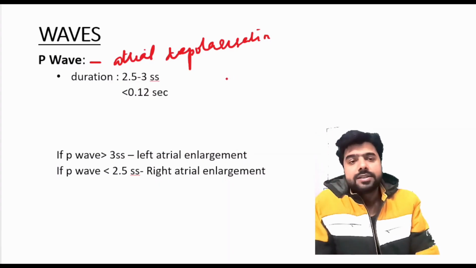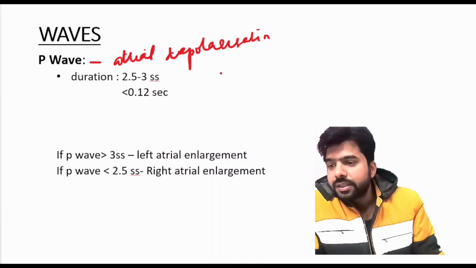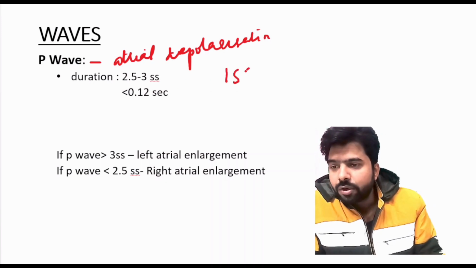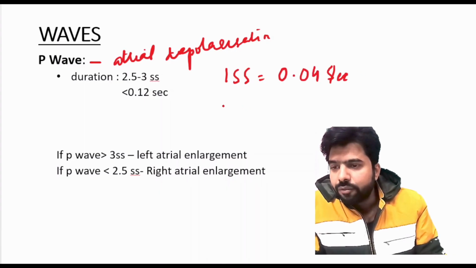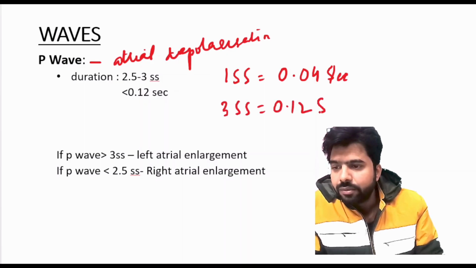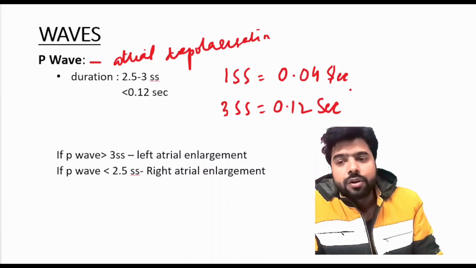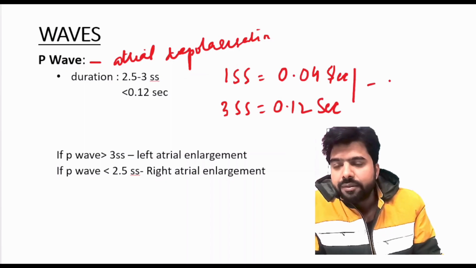Do you understand why 2.5 to 3 small squares? Because one small square is equal to 0.04 seconds. Therefore, 3 small squares is equal to 0.12 seconds. So the normal duration of P wave is 2.5 to 3 small squares.